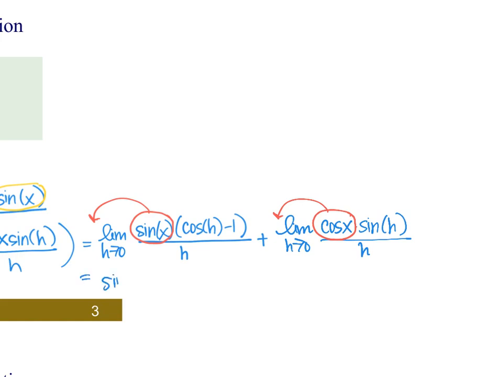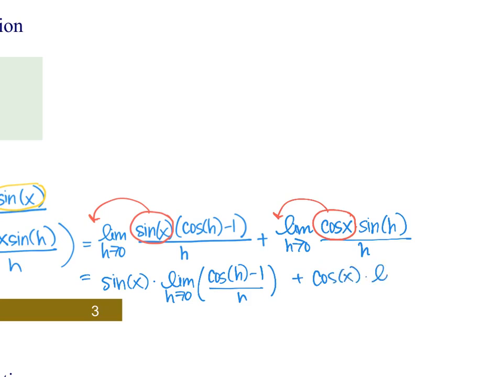So I'll have the sine of x times the limit as h approaches 0 of the quantity cosine of h minus 1 over h, plus cosine of x in front of the limit of sine of h over h.